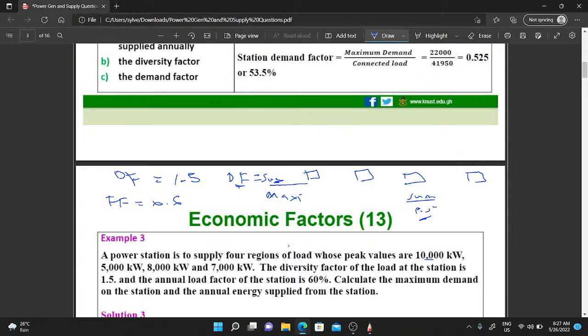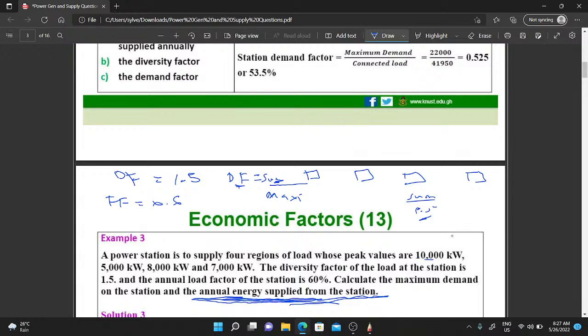Then the second part is for us to find the annual energy supply from the station. This annual energy supply is the same as the number of units generated. Energy is in kilowatt hour. That's the unit for energy.